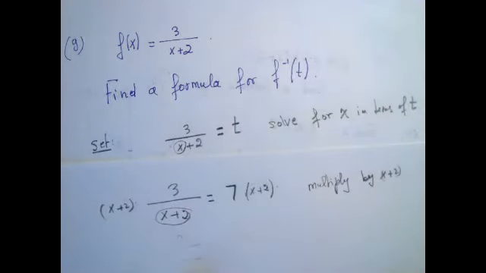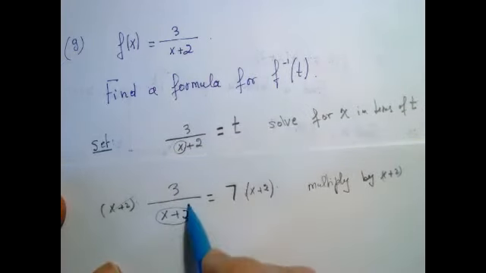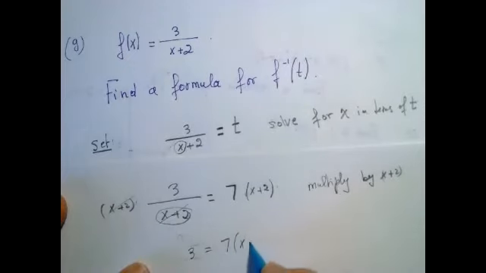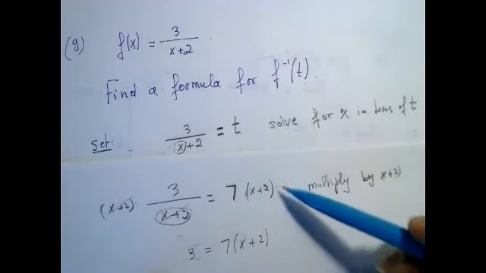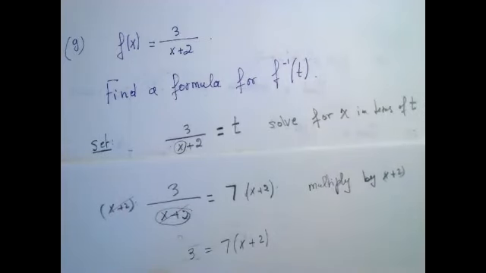Multiplying by 3 gets me nowhere. Multiply by x plus 2. Now, what's the benefit? This will go away, and I will have 3 equal 7 times x plus 2, which is more manageable than what we have.